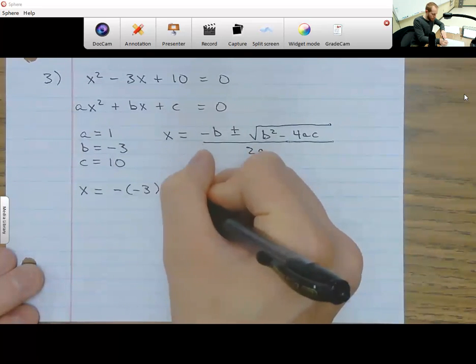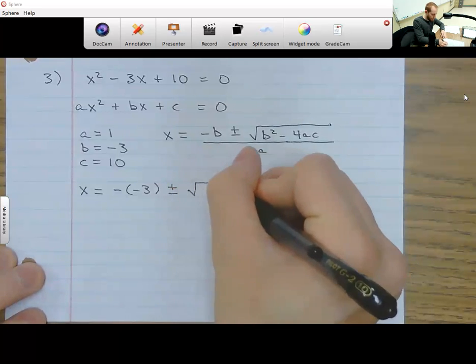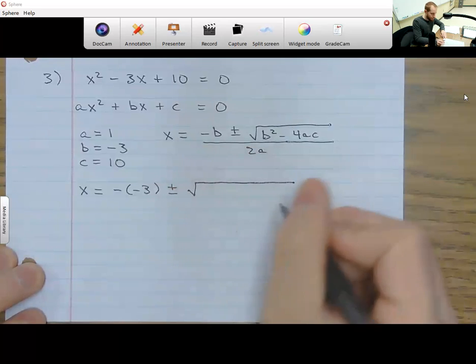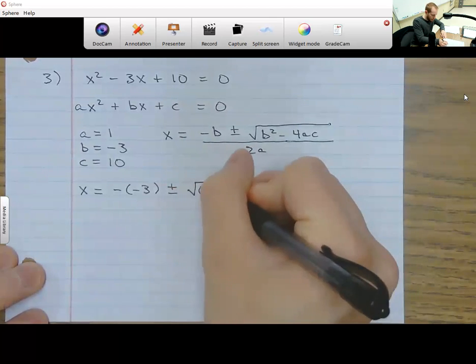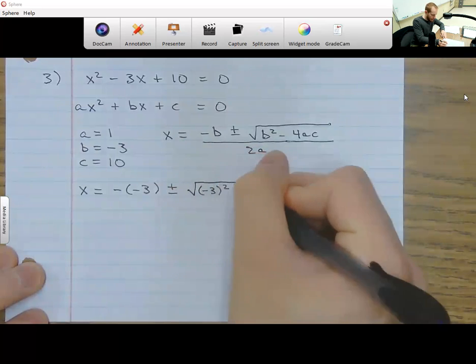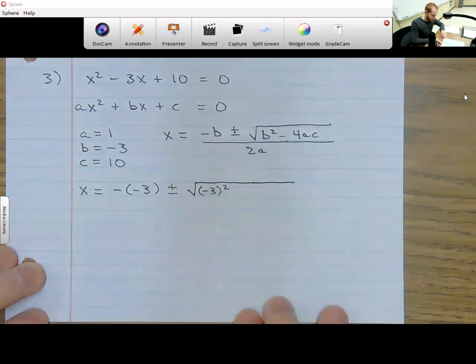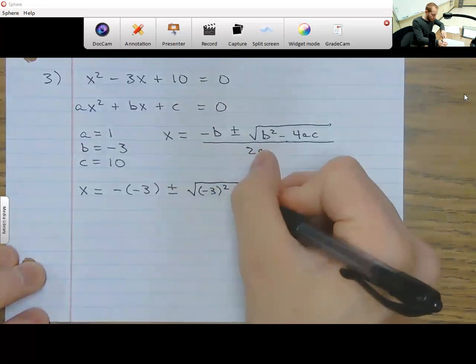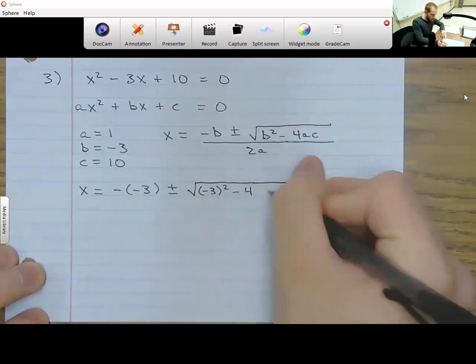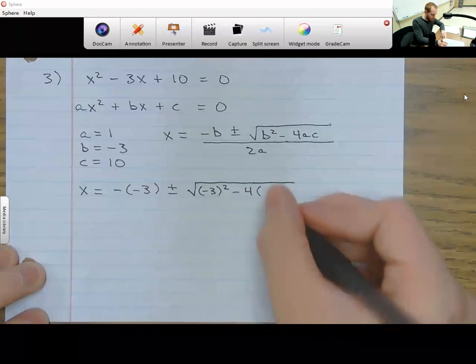All right, bring down your plus or minus, and then we're going to have the square root of something. Okay, b squared. I know that b is negative 3, so I'm going to put it inside parentheses and square it on the outside. This is going to turn out to be a positive 9 later. Okay, minus 4ac, so I need a minus 4 times a. What is a? A is going to be 1.